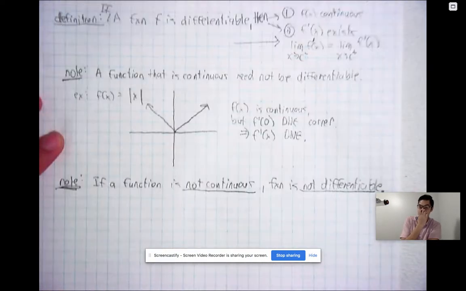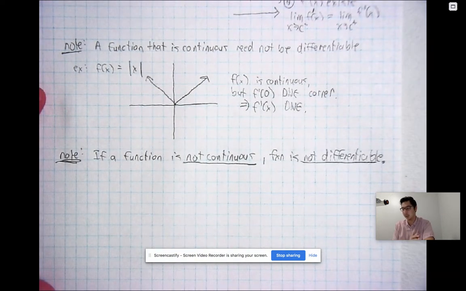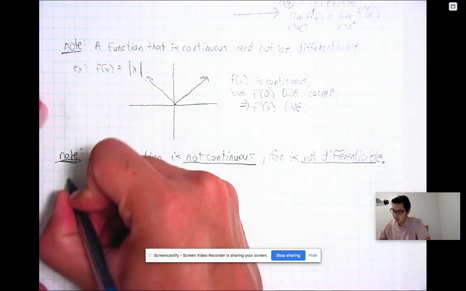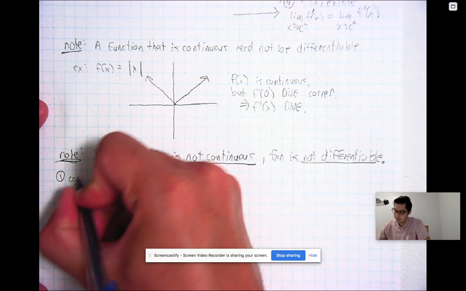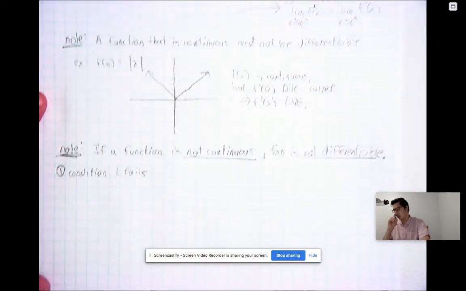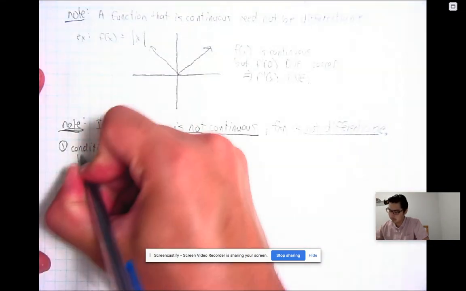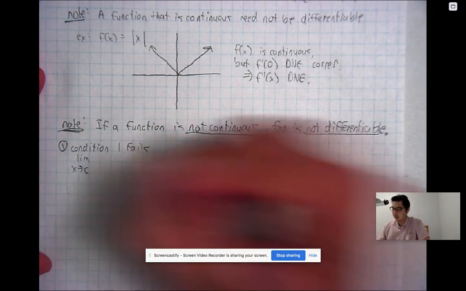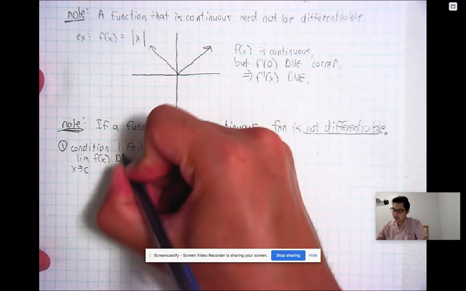I know you have a problem where you're going to explore this too. But if a function is not continuous, we can say the function is not differentiable. Now, why is that? Let's look at the three conditions and say they fail. So let's say condition 1 fails for not being continuous. Condition 1 would say that the limit as you approach some value c of the function f of x does not exist.